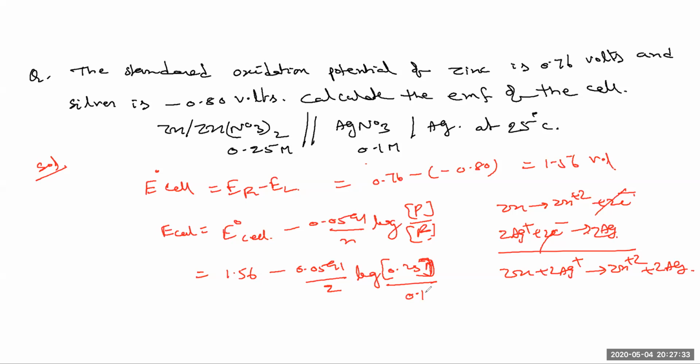But 2 moles of Ag+ are there, so you have to write the square, 0.1 squared, which is 0.1 into 0.1.